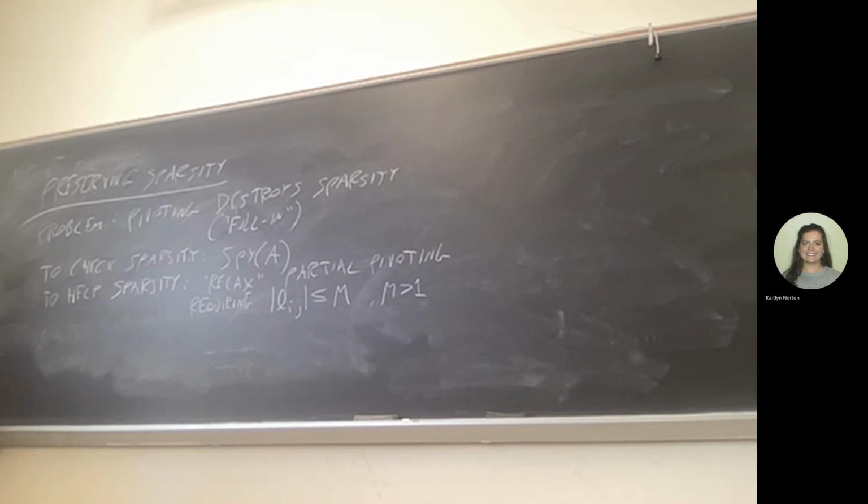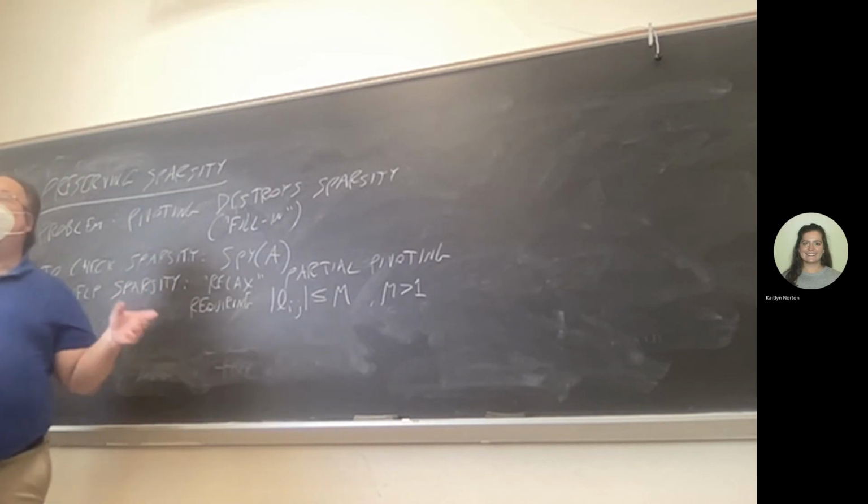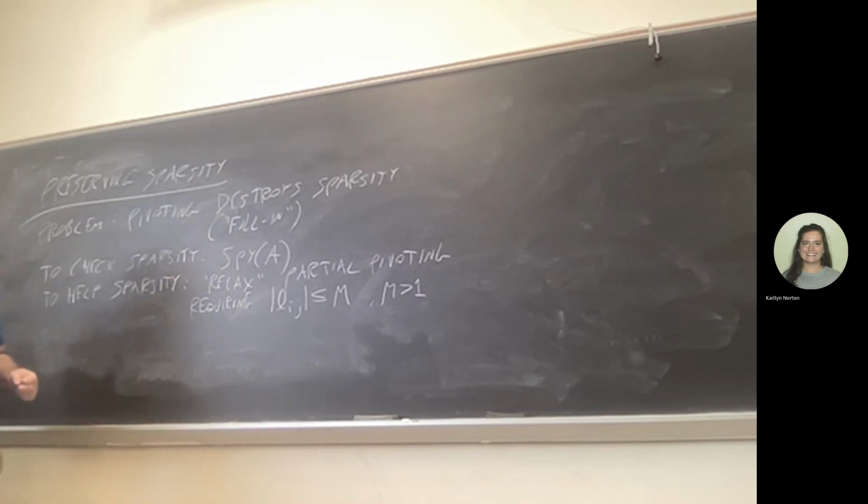So that can still help with the main aim of pivoting, that is to contain propagation of rounding error. So this gives you a choice of rows to swap. And maybe you can make a choice that will help preserve sparsity more than the choice that partial pivoting would make. Okay.